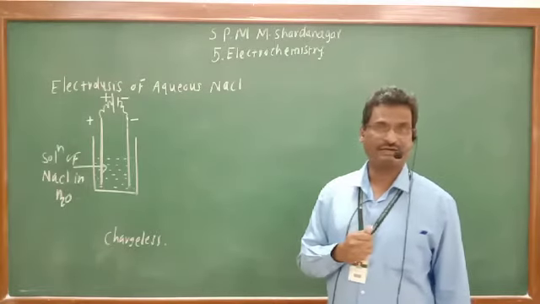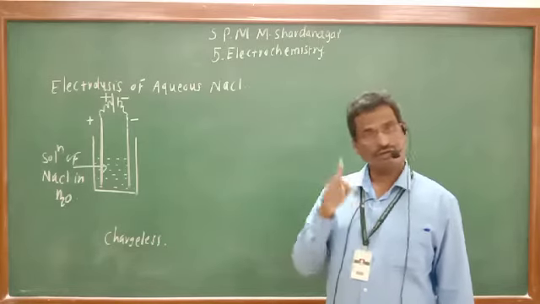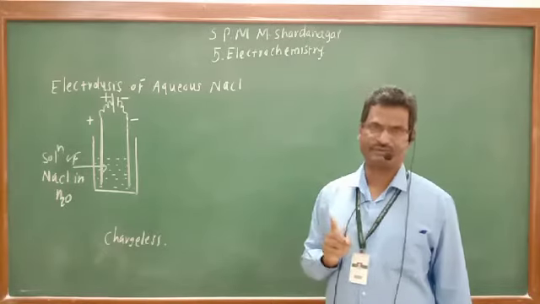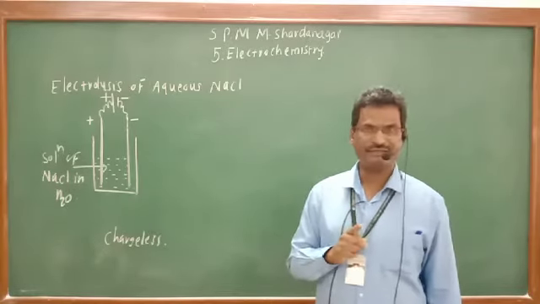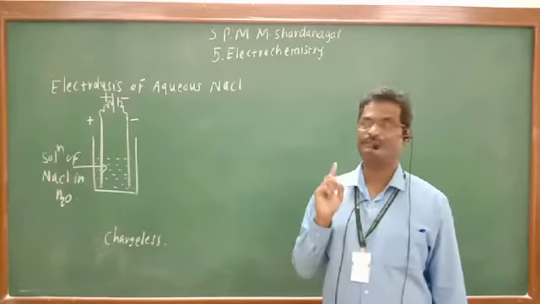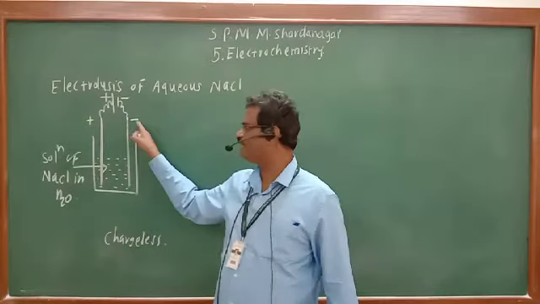We have studied that in the last lecture. But the process is always reduction at the cathode, irrespective of charge, and the process is always oxidation at the anode, irrespective of charge. So here I have just written positive and negative.